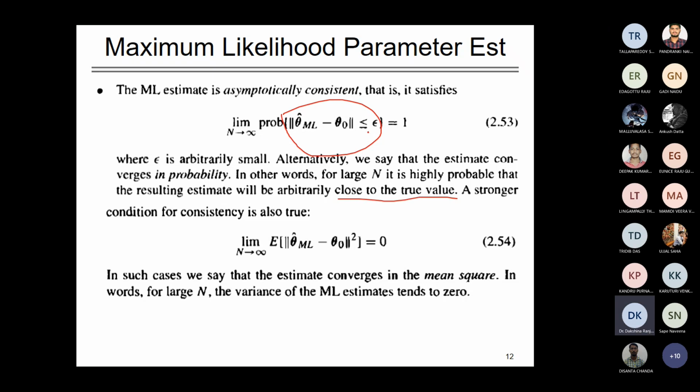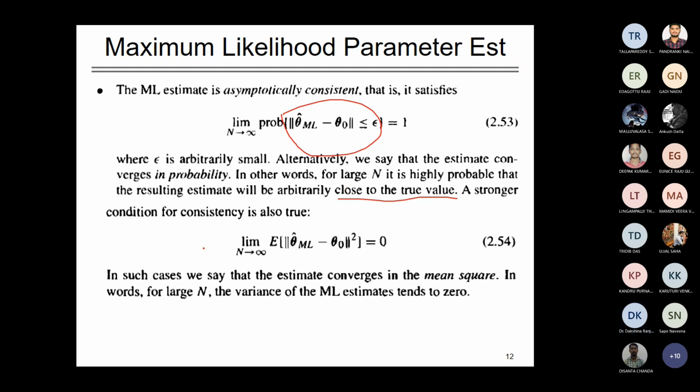So we take the limit n tends to infinity over this probability of deviations, where the deviation is found to be less than or equal to some small value.